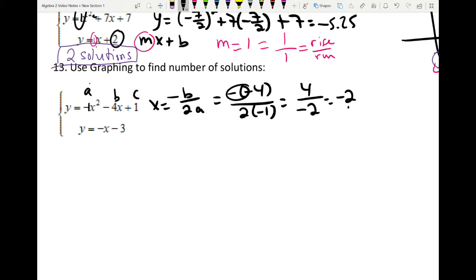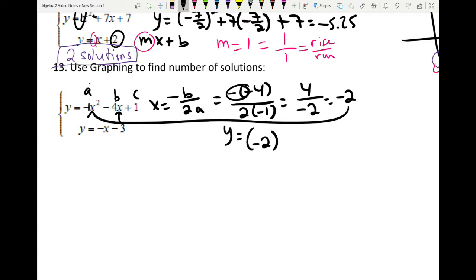Plug it into the original to get y. So y equals negative 2 squared minus 4 times negative 2 plus 1. Negative 2 squared is 4. Negative 4 times negative 2 is positive 8, and then plus 1.